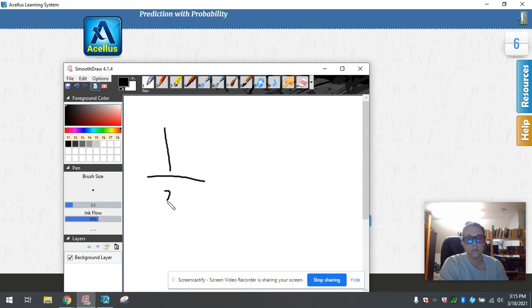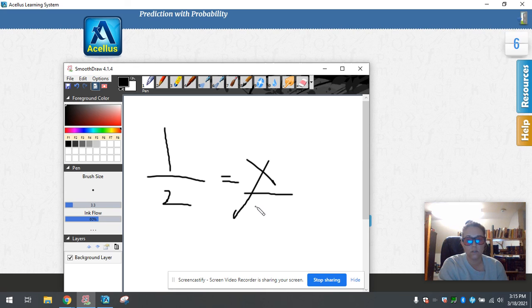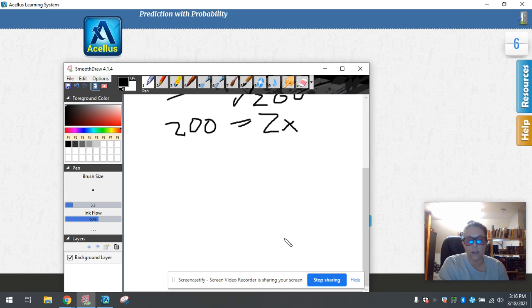1/2 equals x out of 200. I cross multiply. 200 times 1 is 200 equals 2 times x. To undo multiplication, I divide.